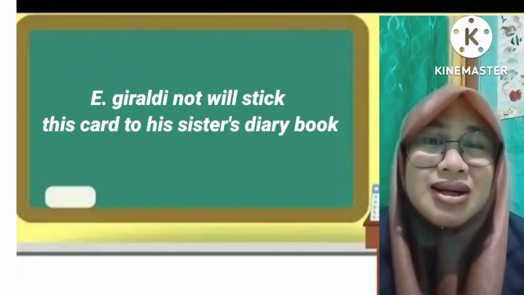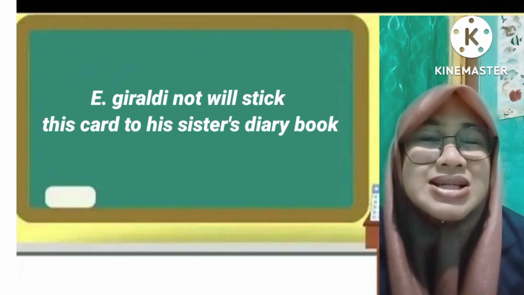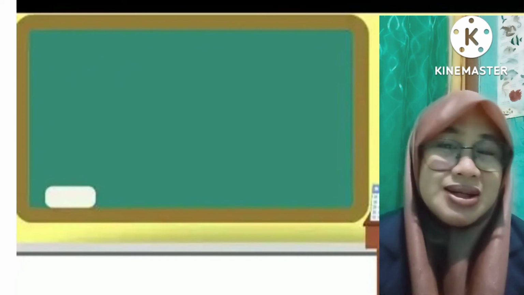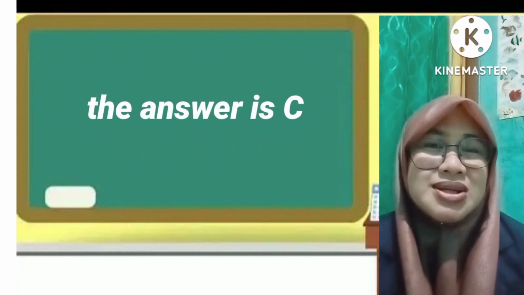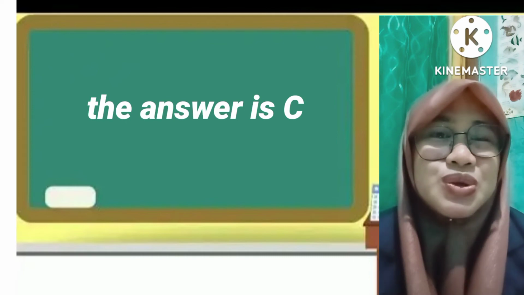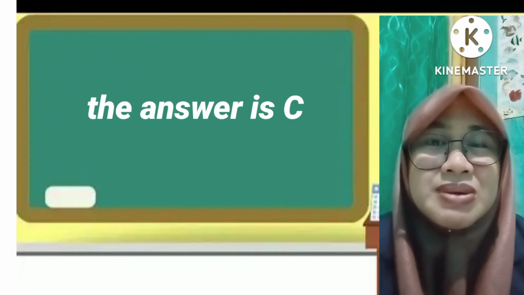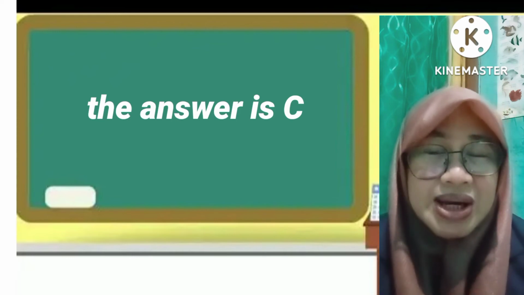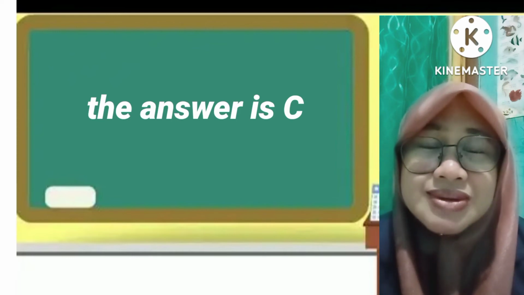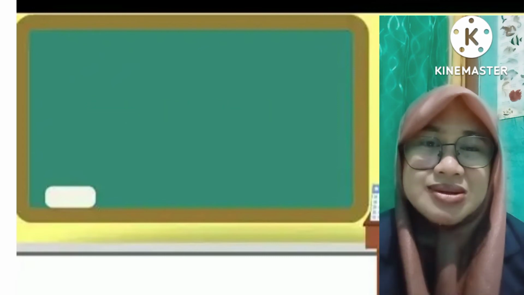E. Gerald Noel stick this card to his sister's diary books. And the answer? Option C. How many girls can you interview to ask about feminism issue? is a grammatically correct sentence in English.